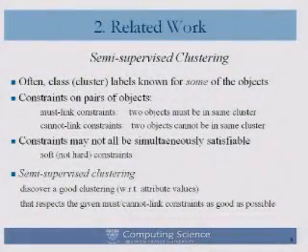The other area that I briefly want to mention as related work is semi-supervised clustering. Based on the observation that cluster labels are sometimes known in advance for some of the objects, obviously not for all of the objects, but for some of the objects. This observation motivated the introduction of constraints on pairs of objects.